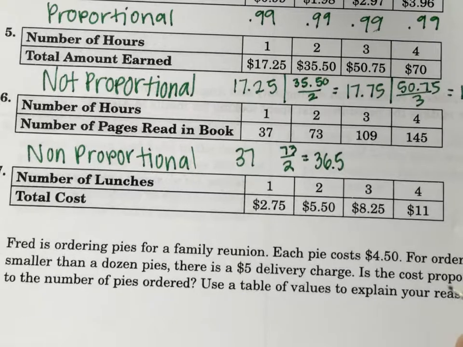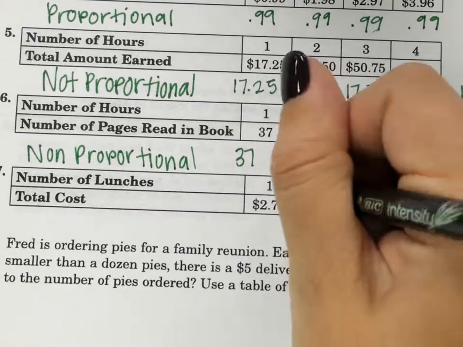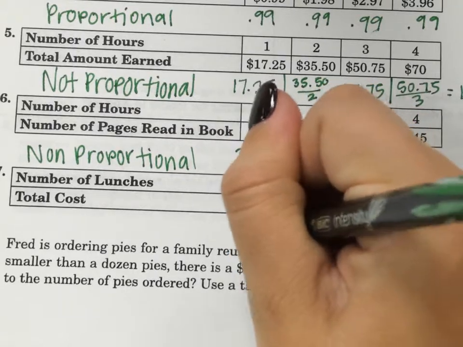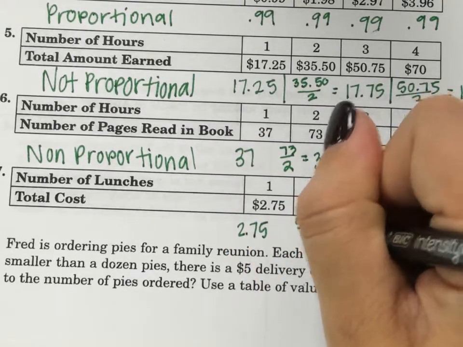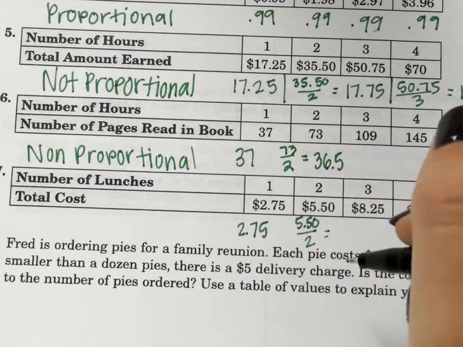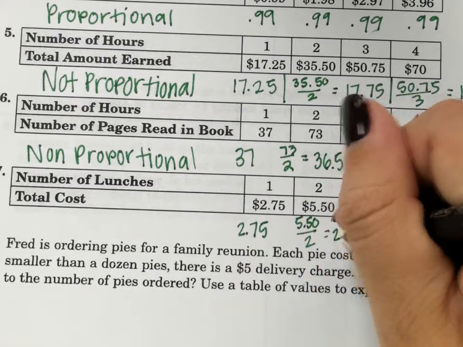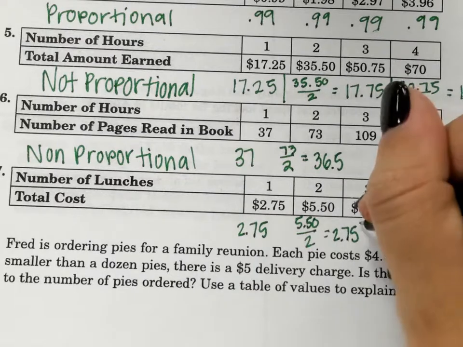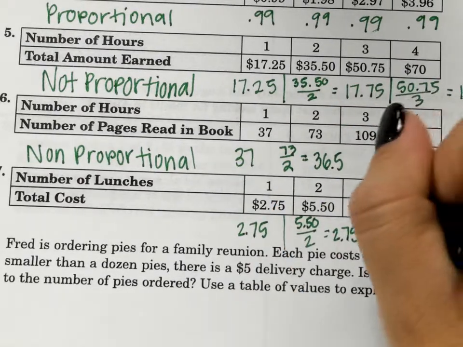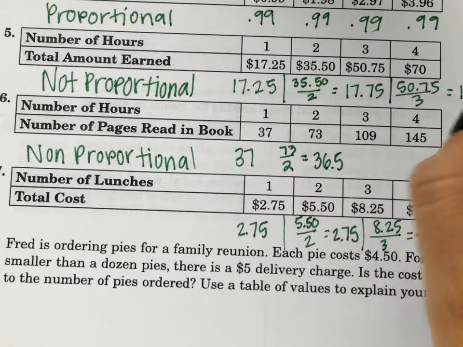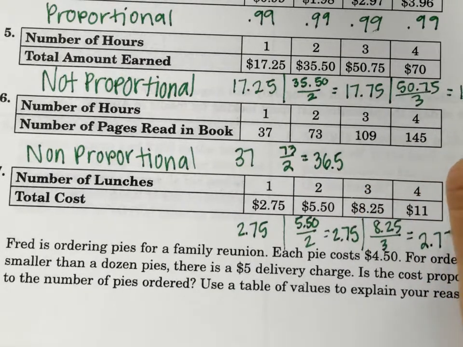Alright, so number 7, 2.75 divided by 1 is going to give me 2.75. 550 divided by 2 gives me what? 2.75. 8.25 divided by 3. 2.75.